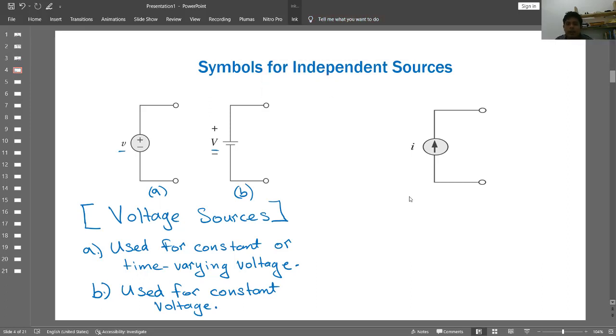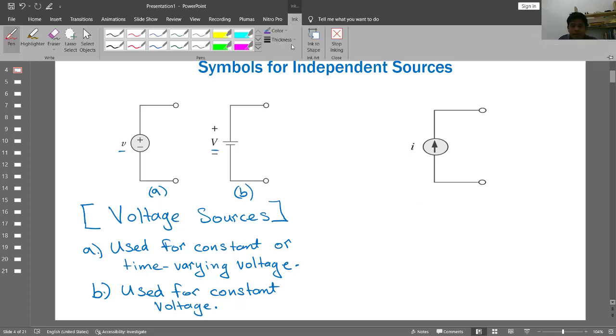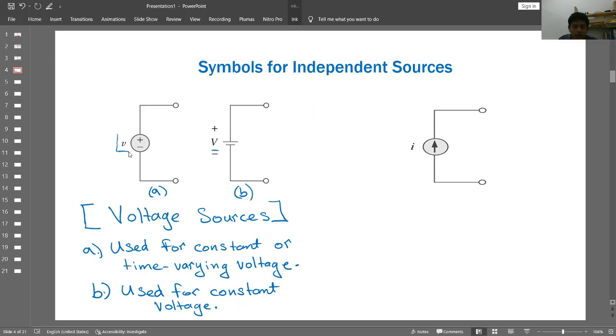Alright, on the other hand, we have another independent source, but this is no longer a voltage. How can I know this is not a voltage? Because here we have a direction, the arrow is the direction, and then we have the magnitude.